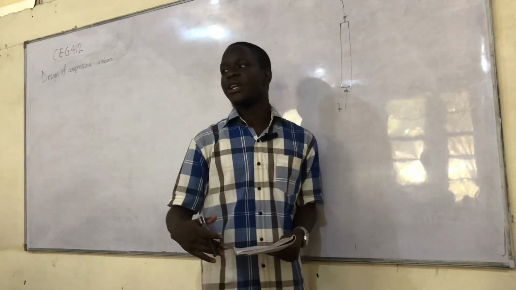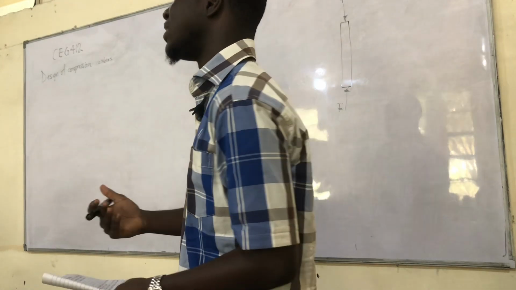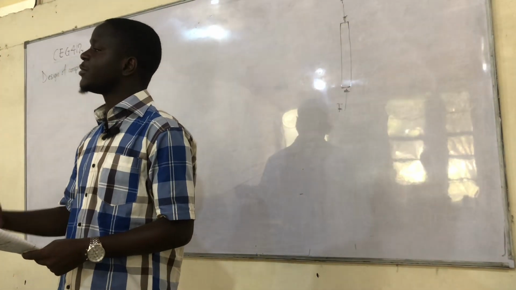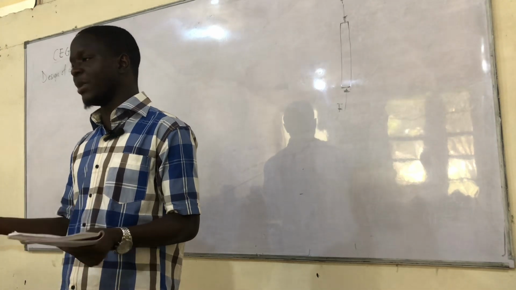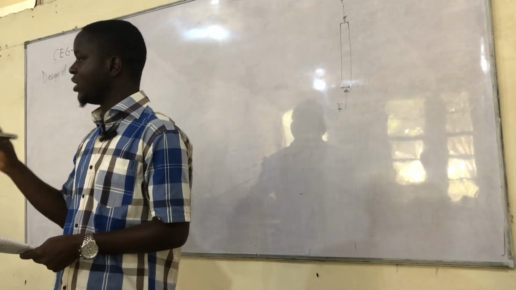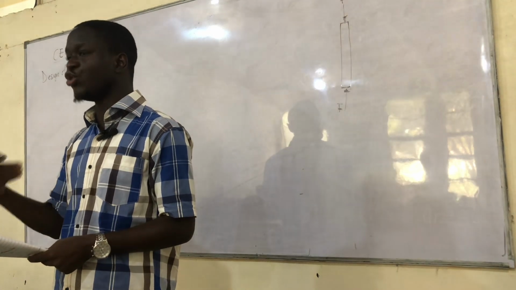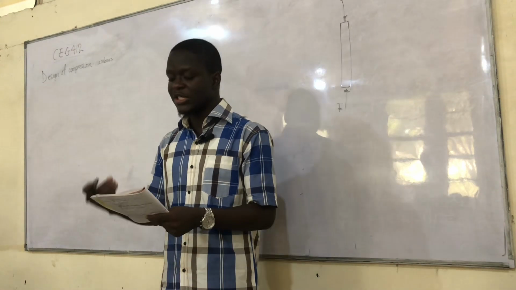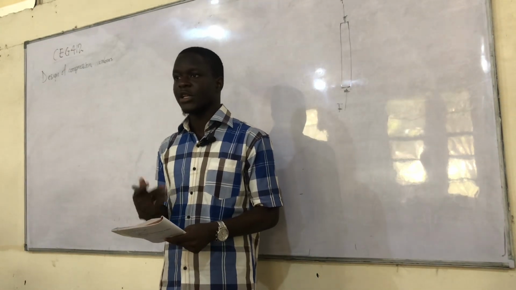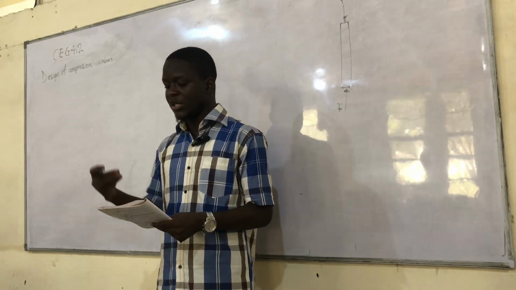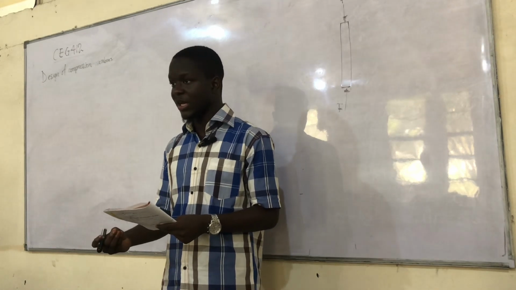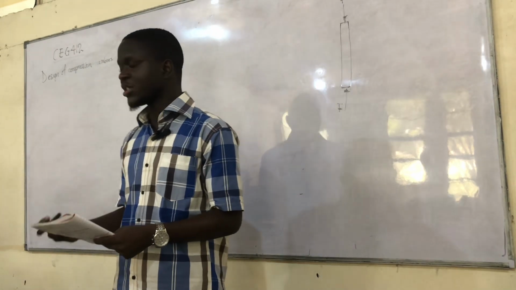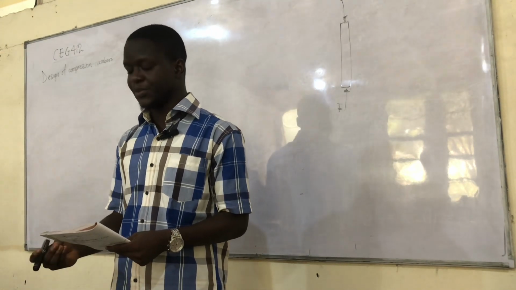So now, I'm going to explain where you can find each of these members in a structure. Number one, strut. As building students, where can you find struts in a building? In your roof trusses. So write this down. Struts are compression members used in roof trusses and bracing.